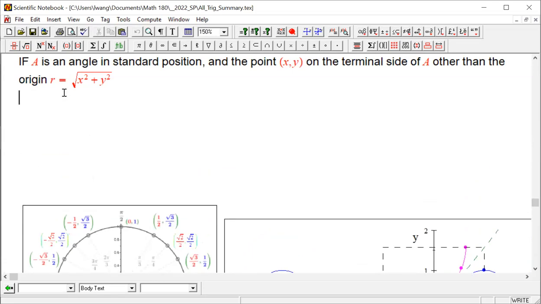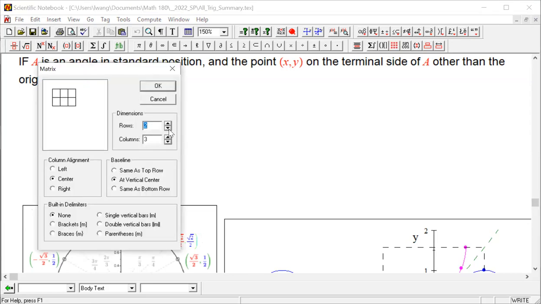And next comes the definition, which we all know, right? So here comes the definition of sine. I'm going to write down that definition. They are so important. Let me make 6 rows, 1 column.